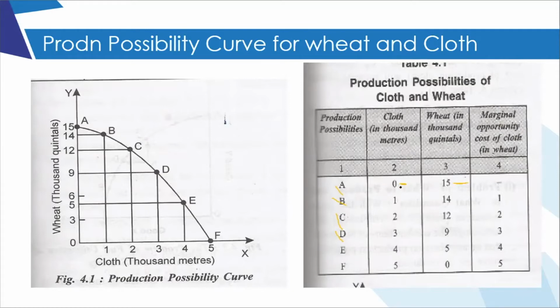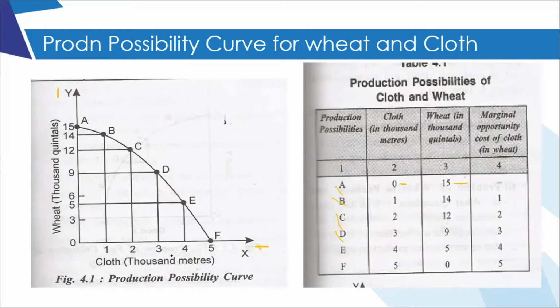Production possibility curve. So see, come here. On the y-axis, can you see the graph, all of you? On the y-axis, we have taken wheat, and on the x-axis, we have taken cloth. So at point A, your wheat is 15 and your cloth is 0.